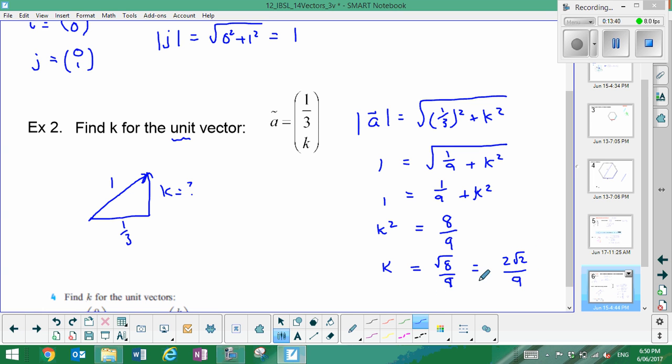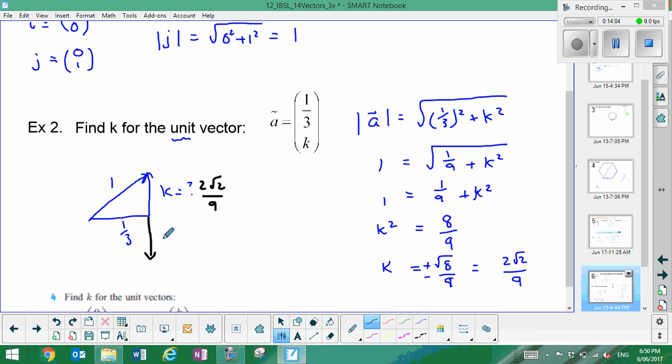So if we take the square root, then remember, hopefully you've gone, hey, it could be plus or minus. Can it be plus or minus? Could we have two possible answers? So in this case, if we had a positive, k is equal to 2√2/3, but could we have a minus k?